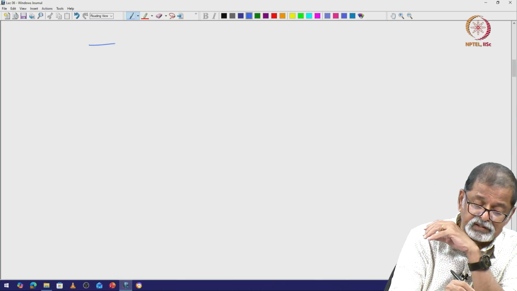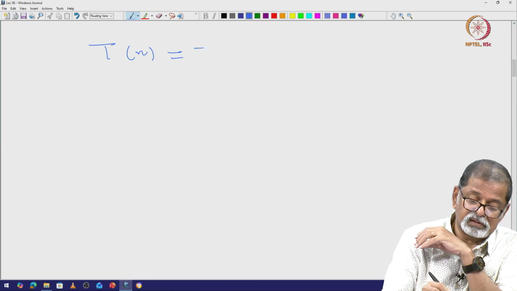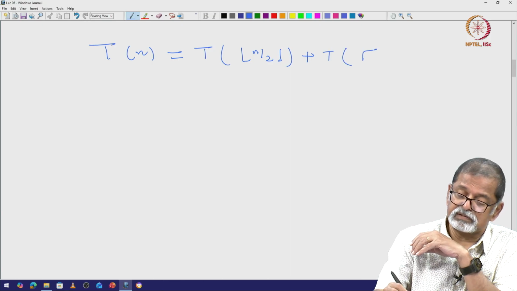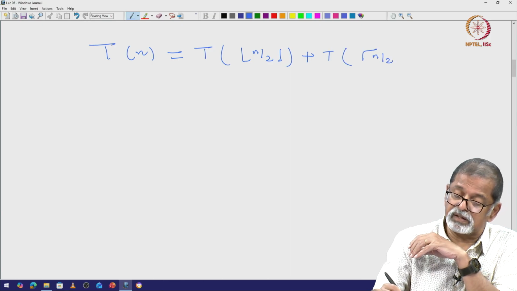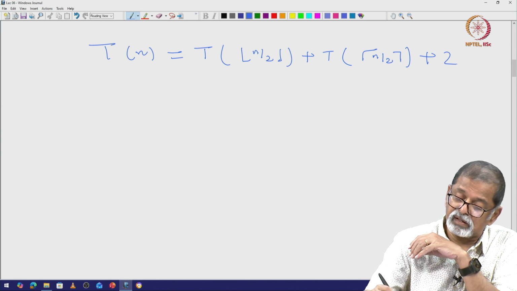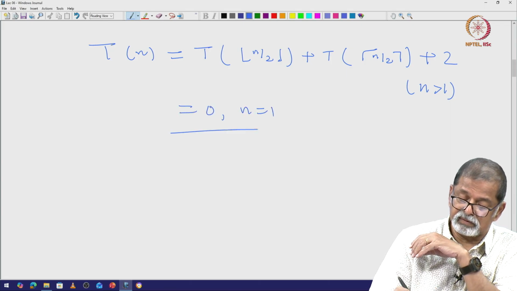The recurrence equation is T of n is T of floor n by 2 plus T of ceil n by 2 plus 2 if n is greater than 1, equal to 0 if n equals 1.